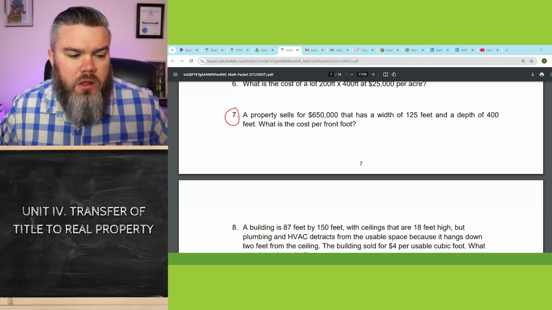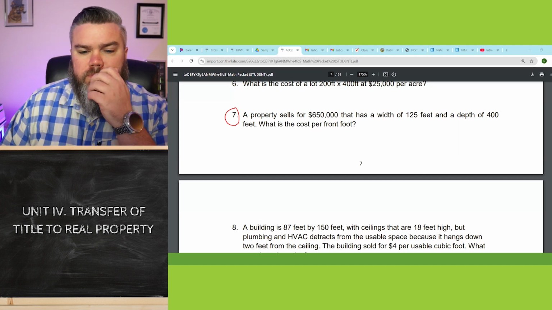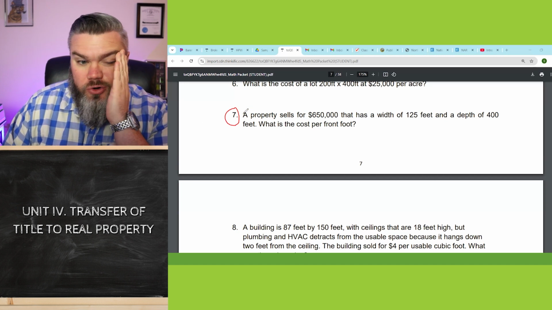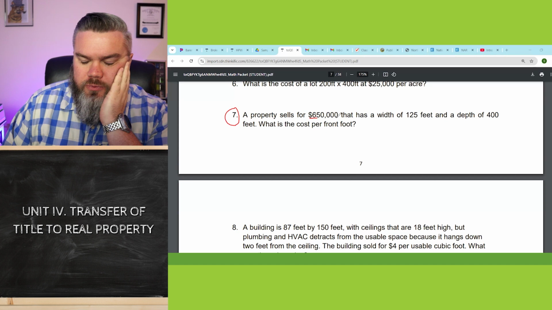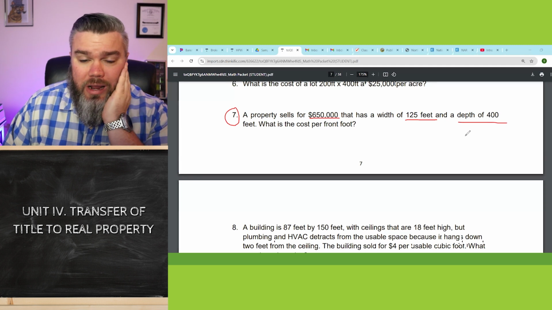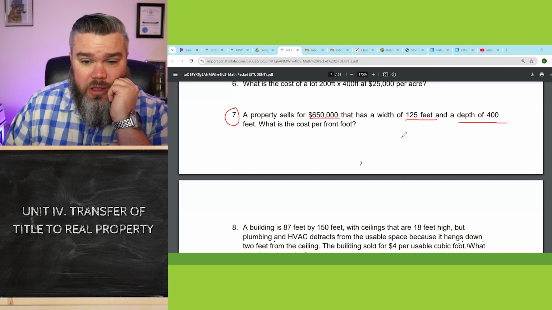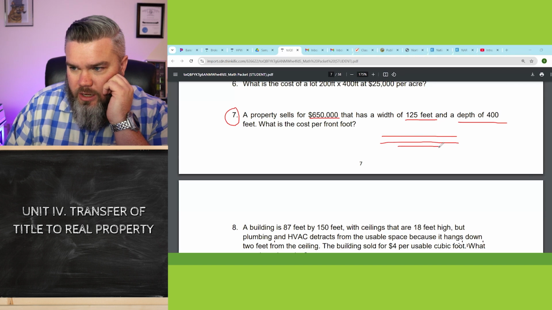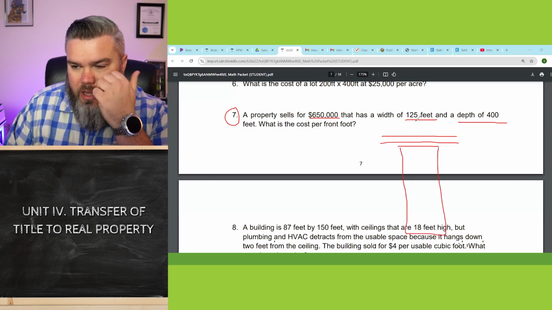So, for this one, and this is why I gave you this example, and I warned you about it. Property sold for $650,000, has a width of 125 feet, a depth of 400 feet. Well, folks, that word depth tells us how deep the property is. And so that means that the width is road frontage, because if we're not giving you any other information, if it's 125 feet wide, 400 feet deep, your road frontage is that number right there.